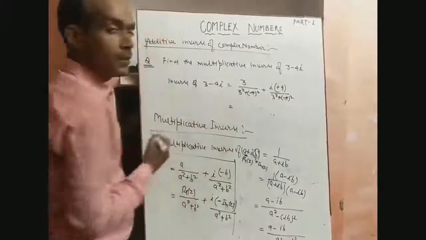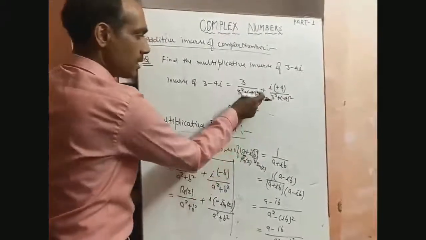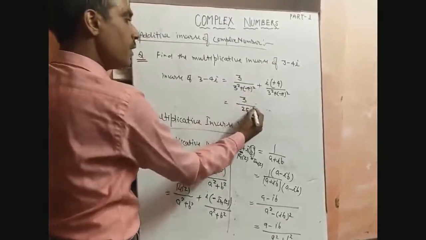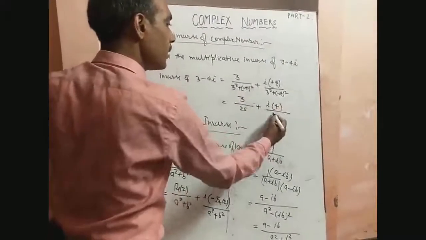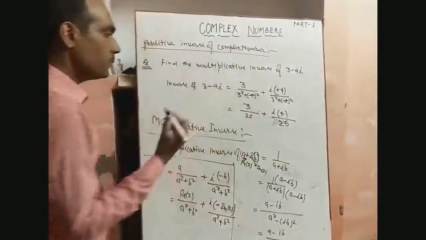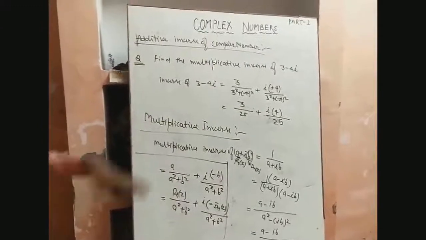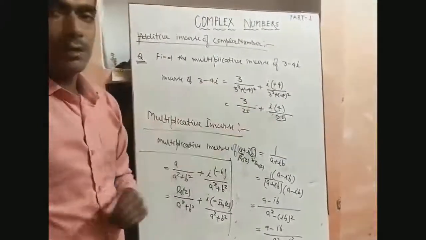Clear? Then this is equal to 3 upon 16 plus 9, that is 25, plus i into 4 upon 9 plus 16, which is also 25. Okay, this is the inverse of 3 minus 4i.